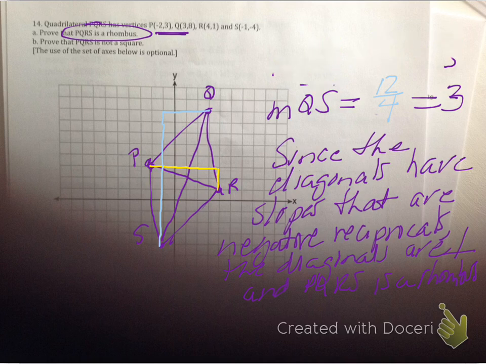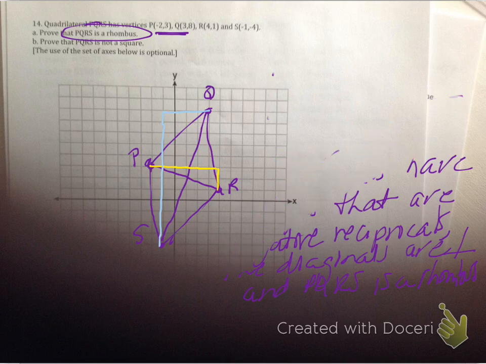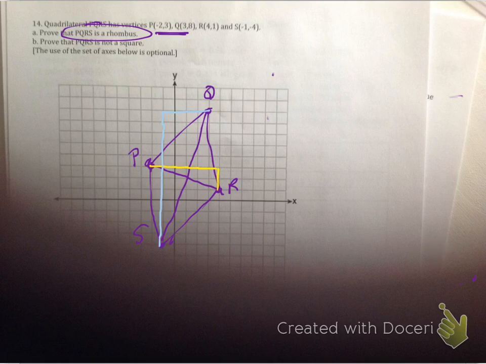Okay, let's erase this and make some room. The next thing we had to do was to prove that this is not a square. The only difference between the rhombus and the square is that the square has 90-degree angles and the rhombus does not. So how could we prove that it does not have 90-degree angles? Well, we can do the slope of PS. You just have to take any two adjacent sides.